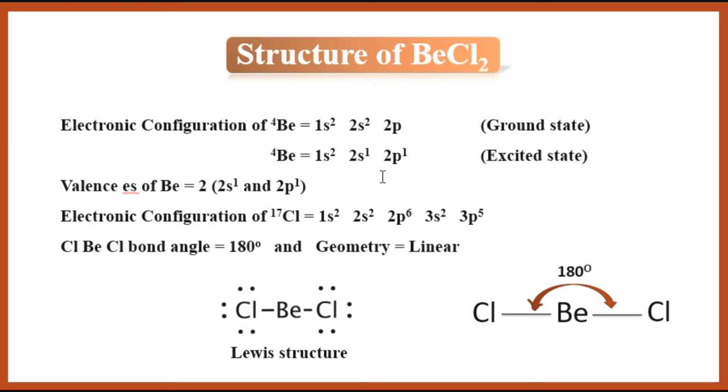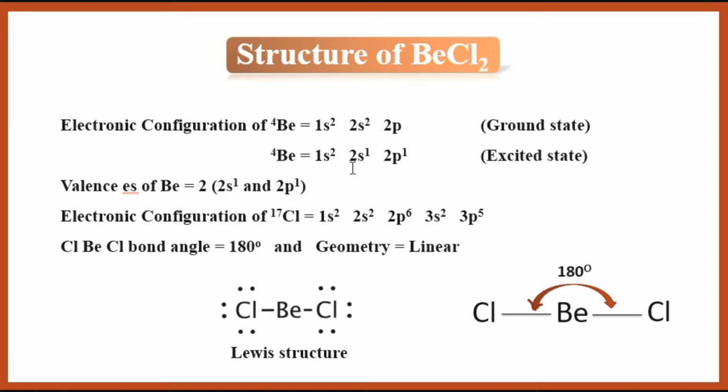So there is space for two more electrons that would combine with these orbitals to form the two bond pairs. Here the central atom beryllium retains this configuration, and the valence electrons of beryllium become 2, which are in the second shell, where the two electrons reside in the 2s and 2p orbitals.